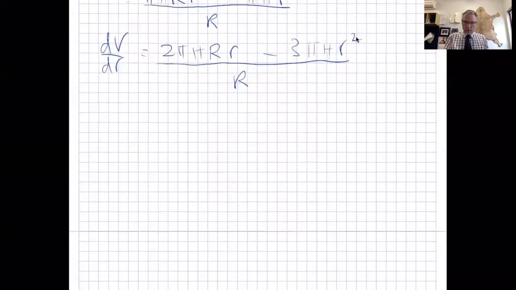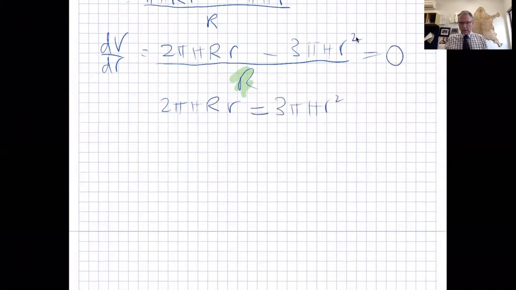So last job now is to set that equal to 0. So if all of that's equal to 0, then this R here is actually going to disappear eventually, because if we multiply it through by R, then that goes, and then just rearranging, 2 pi H R r equals 3 pi H r squared.